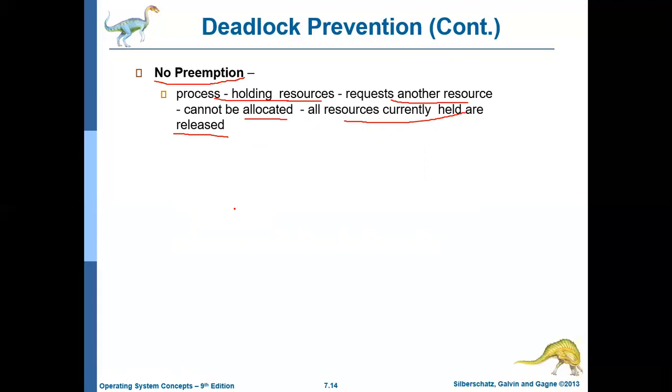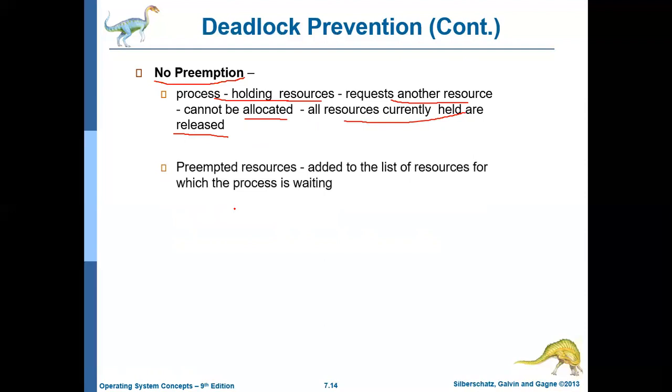The resources the process has recently released, because it is not able to get the new resources, are the preempted resources. The preempted resources will also be added to the list of the waiting resources along with the other new resources that it wants.